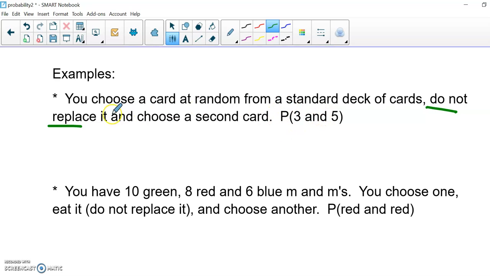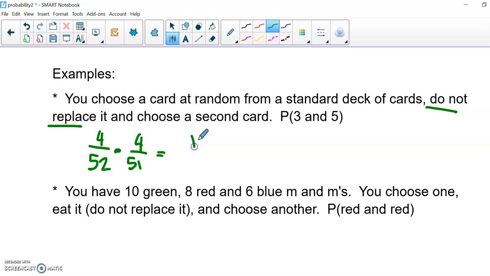So the probability of getting a 3, remember there are 4 3s, there's 4 of every number, out of a total of 52 cards. Okay, this time we're not putting that 3 back. And there's still going to be 4 5s, but now we only have 51 cards in our deck because we didn't replace the last one.